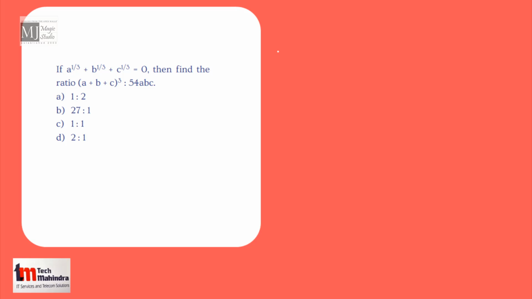If a to the power 1 by 3 plus b to the power 1 by 3 plus c to the power 1 by 3 is 0, then find the ratio. Okay, we know this identity that if x plus y plus z is 0, then x cube plus y cube plus z cube is equal to 3xyz.